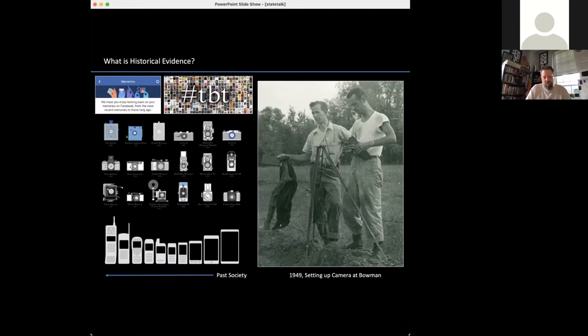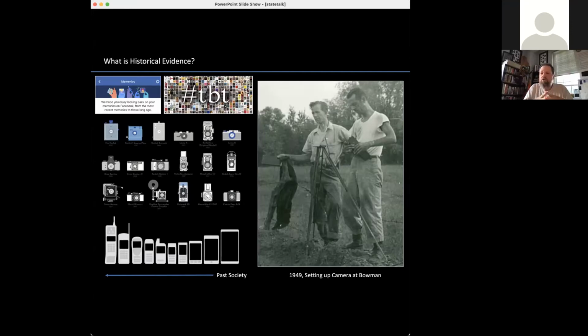And these images thus are a form of historical evidence acquired by a past society. And of course, that society, as I alluded to, could be 10, 20, 30 years ago. When we consider all forms of historical evidence in these forms of image making, there are multiple layers at play here.